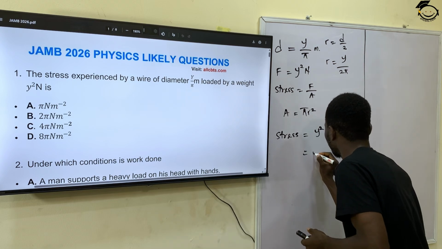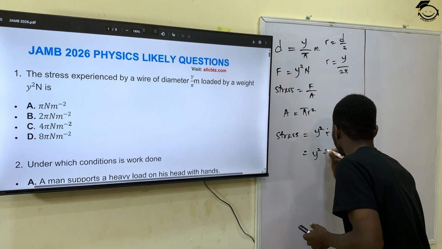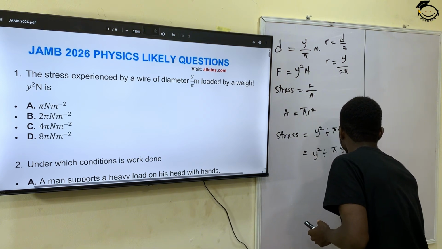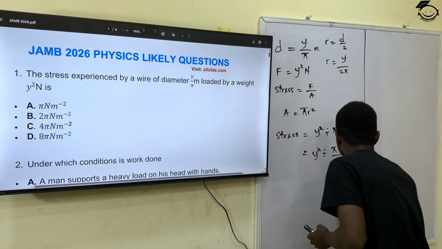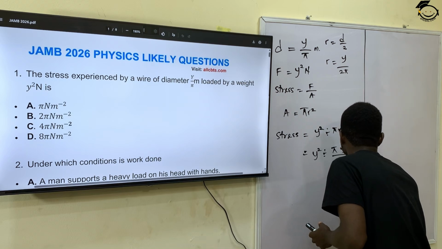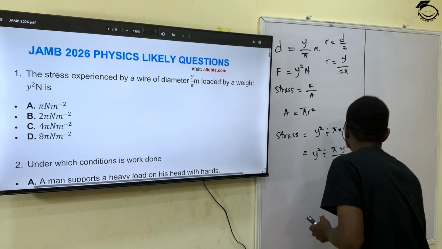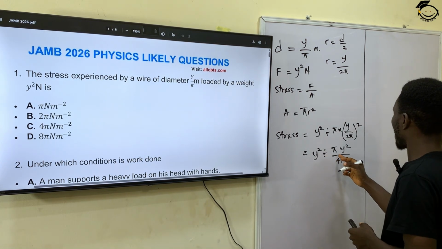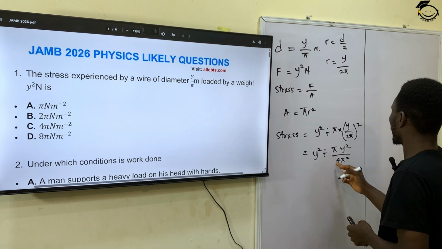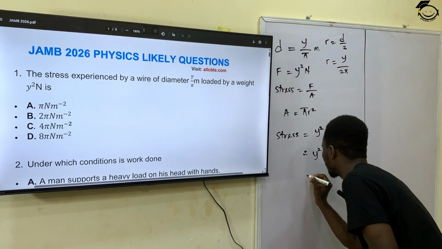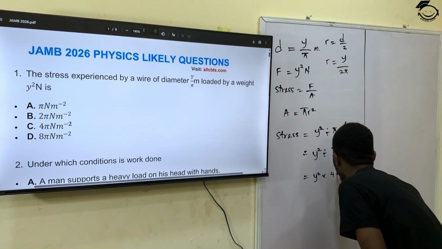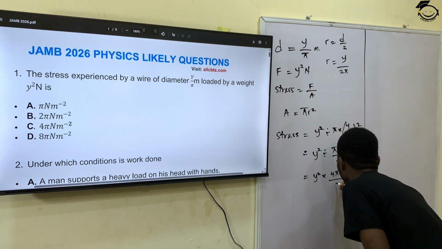So this will give me y squared divided by pi times y squared over 4 pi squared. So we have y squared divided by pi y squared over 4 pi squared. This will give me y squared times 4 pi squared over pi y squared.